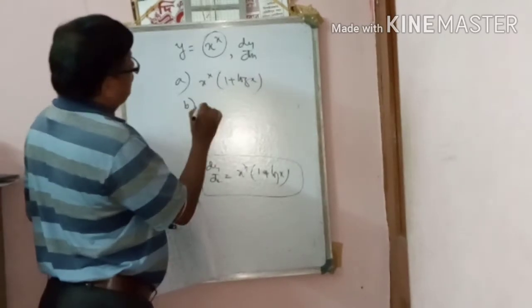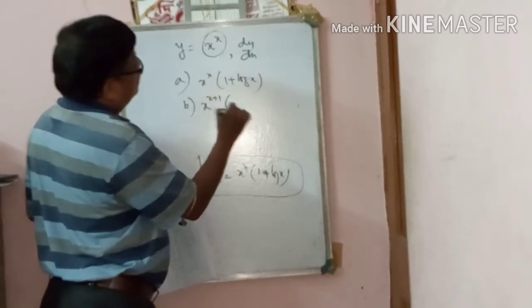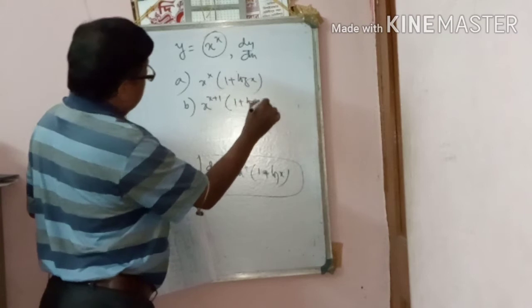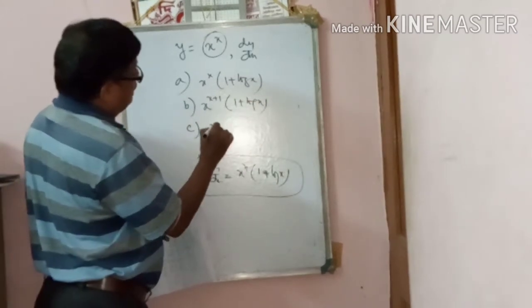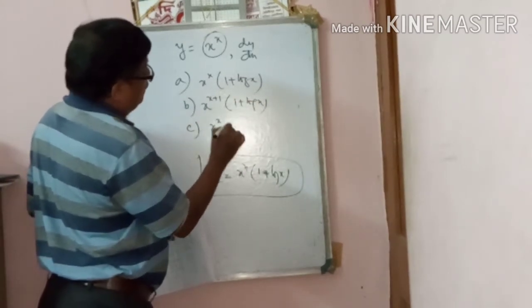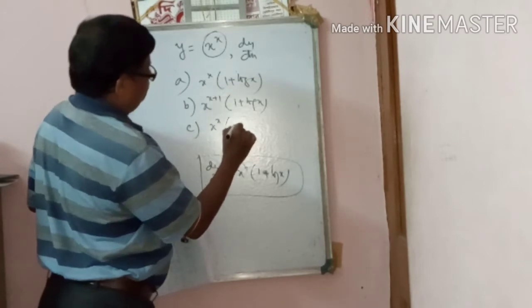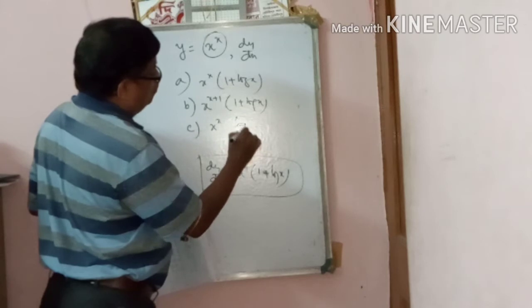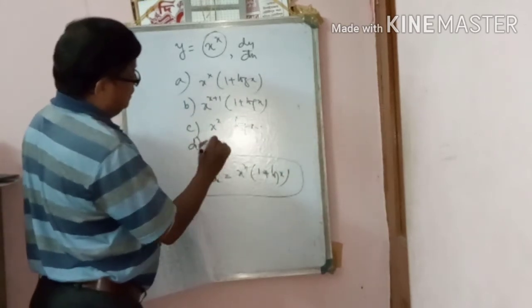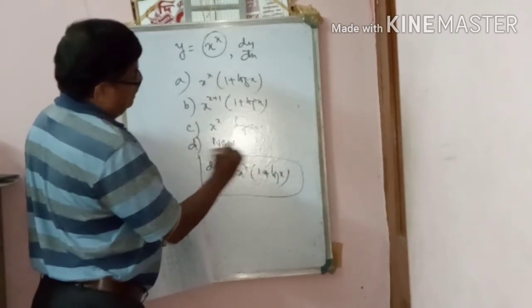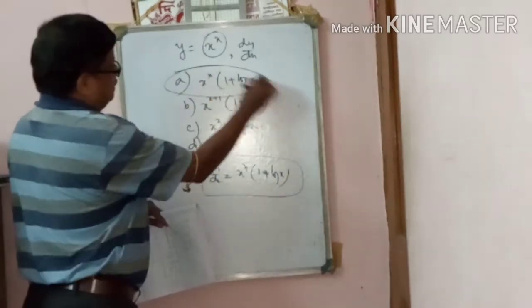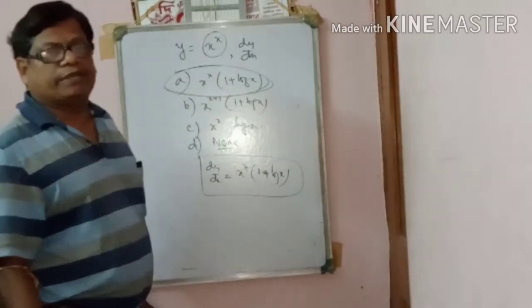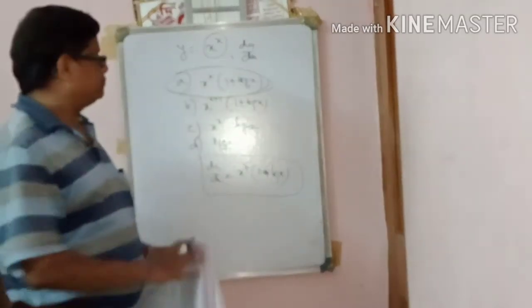B: x to the power x plus (1 plus log x). C: x to the power x into log x. D: none of these. So the answer is A.